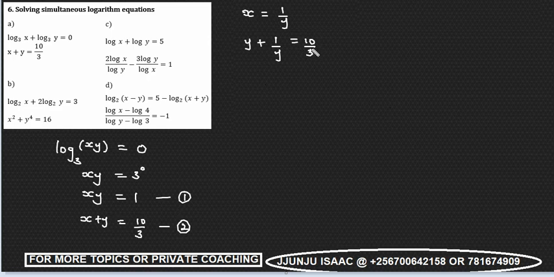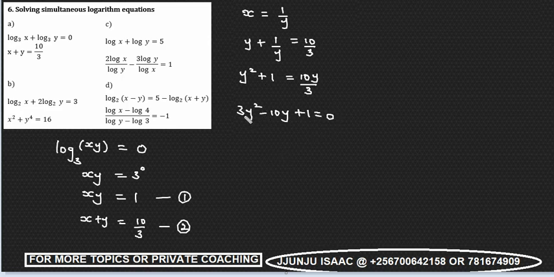So when I multiply by y throughout, I get y squared plus 1 equal to 10y over 3. So from here I can multiply by 3 throughout, I get 3y squared minus 10y plus 1 equal to 0.